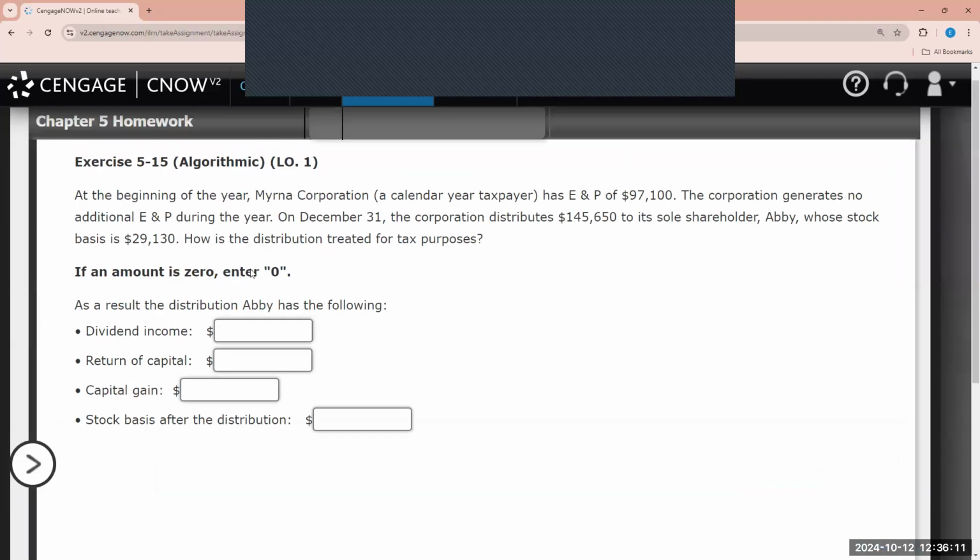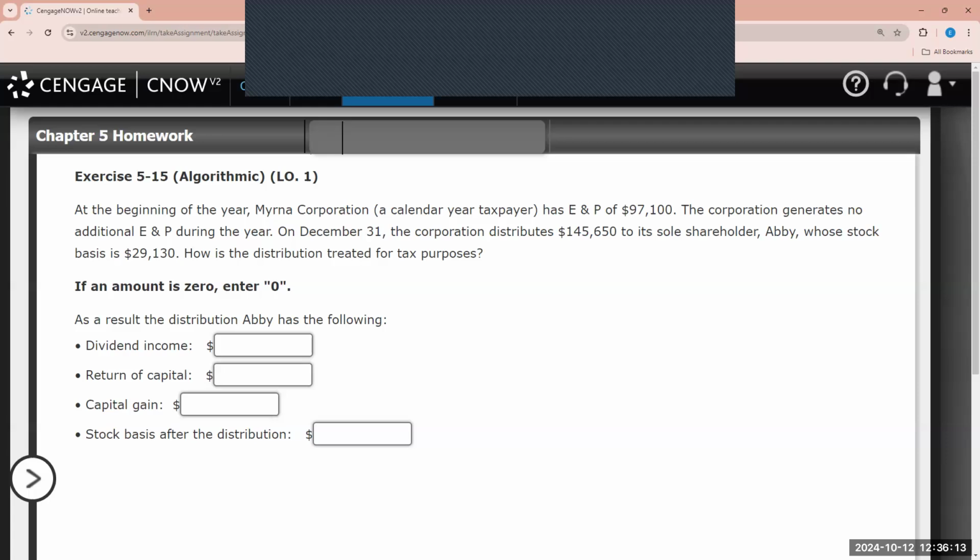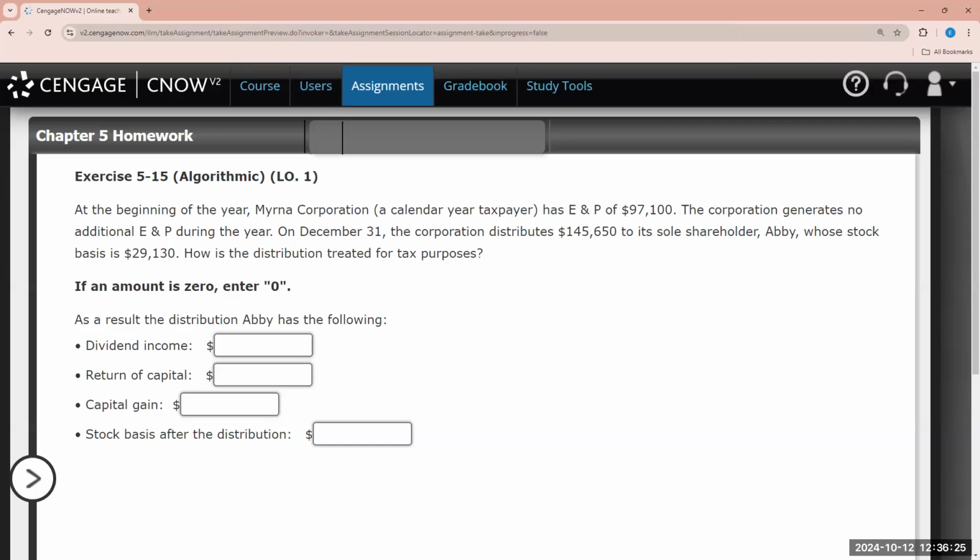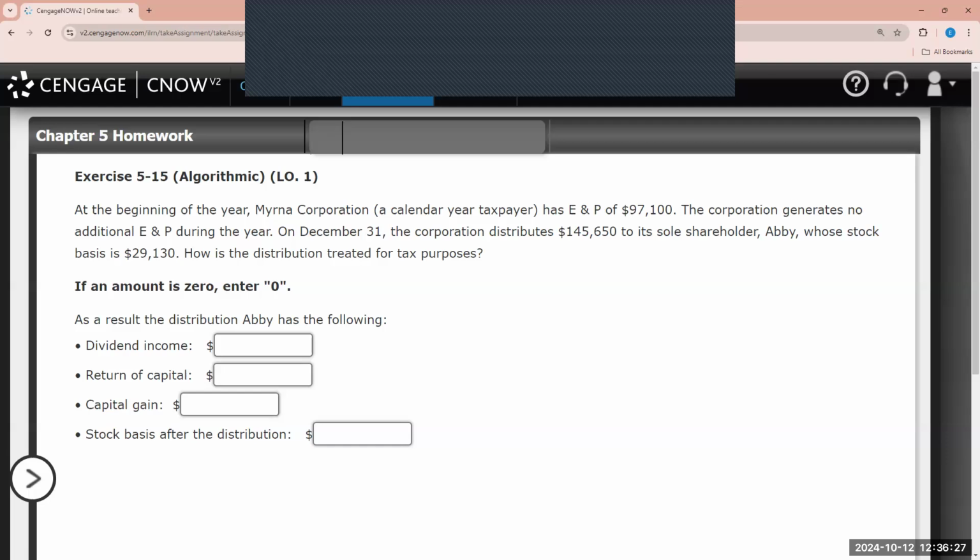This brings us to the next question. So in this question, it states, at the beginning of the year, Myrna Corporation, the calendar year taxpayer, has earnings and profits of $32,000.